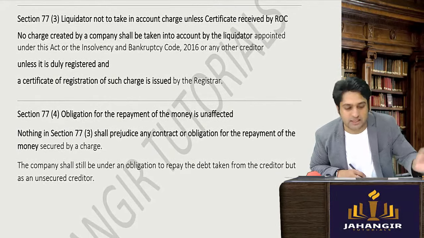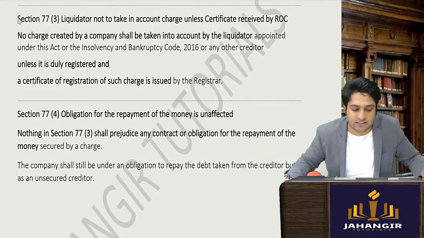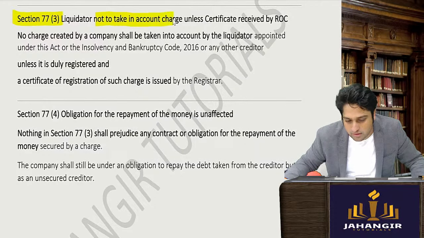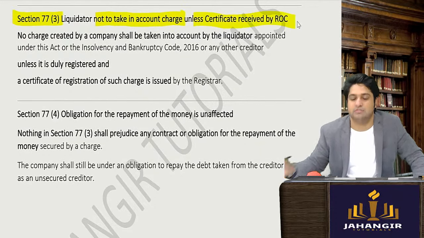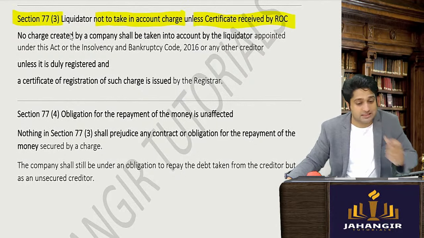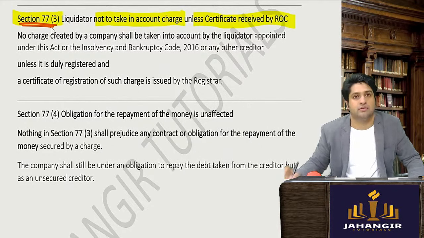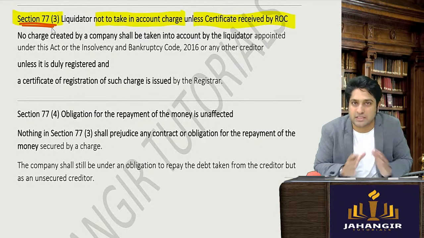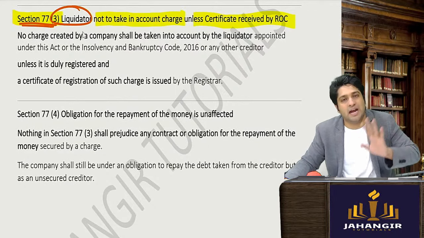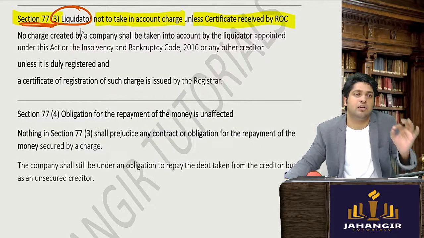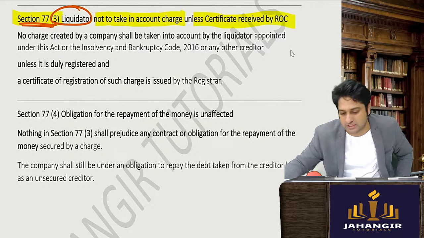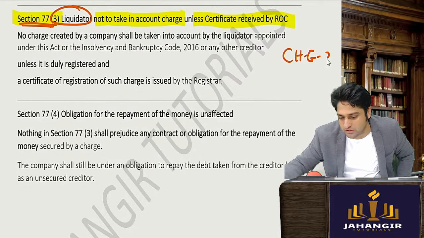Now subsection 3. What does section 77 subsection 3 talk about? Liquidator shall not take into account a charge unless the certificate is received by ROC. Now this is a statutory legal restriction on the liquidator, that if any lender is coming to you and saying that he is secured, ask him for CHG 2.